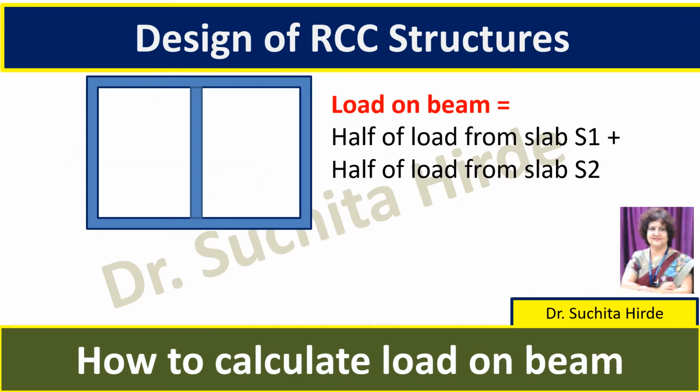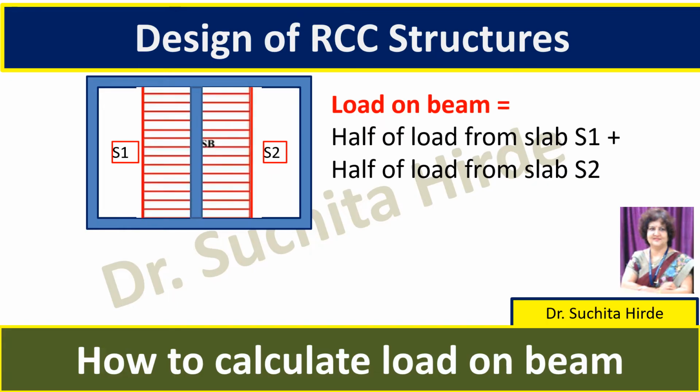So load on beam is equal to half of the load from slab S1 plus half of the load from slab S2. So 50% of S1 load and 50% of S2 load will be transferred to this beam in the form of uniformly distributed load.